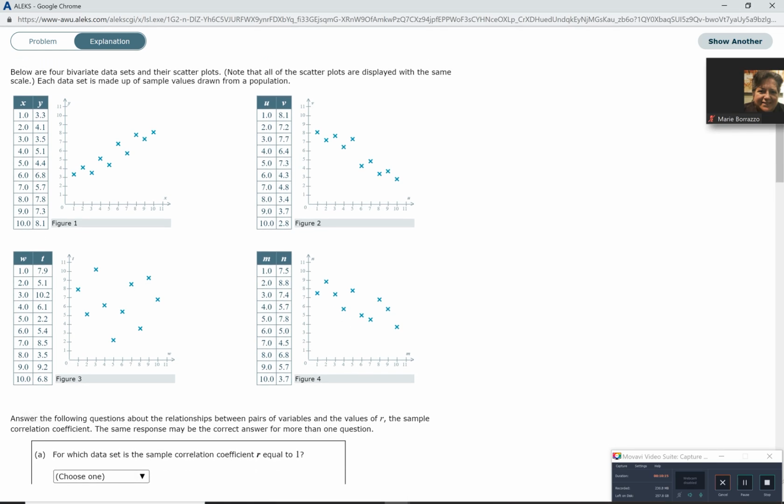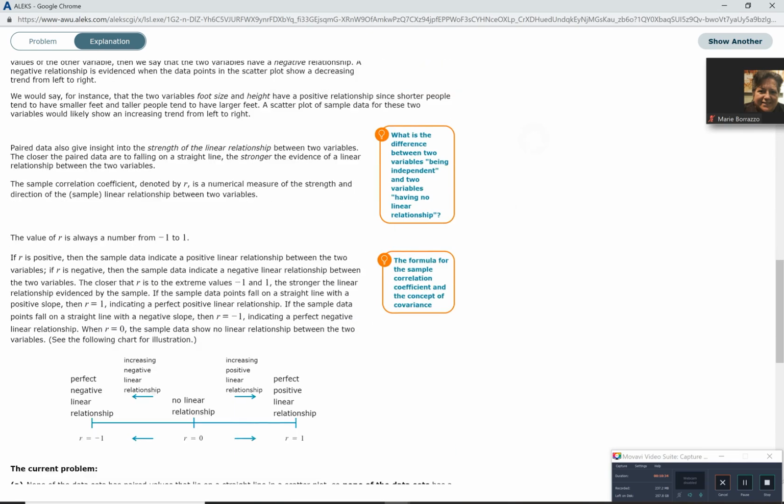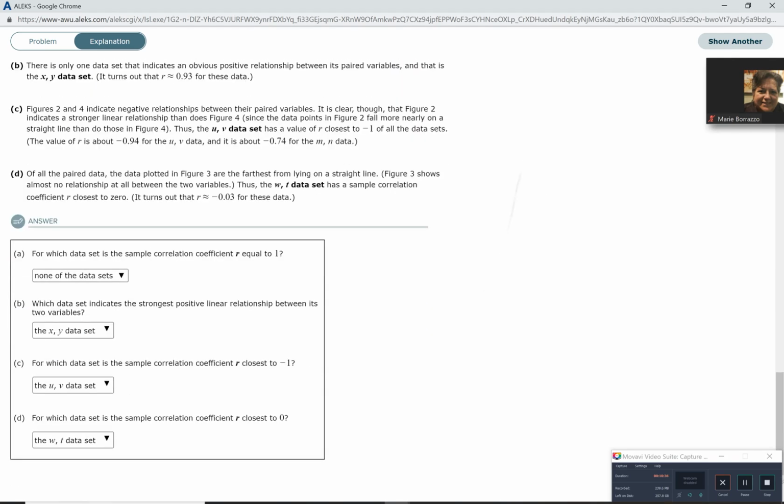All right, so remember that. The positive is the XY. Positive XY. Now, what I would also make a connection here is, yes, these are both negative, the UV and the MN. But the UV is a little tighter, so it's a stronger association than MN. All right, with that said, let's look at our questions. I'm going to give you a nice little explanation.